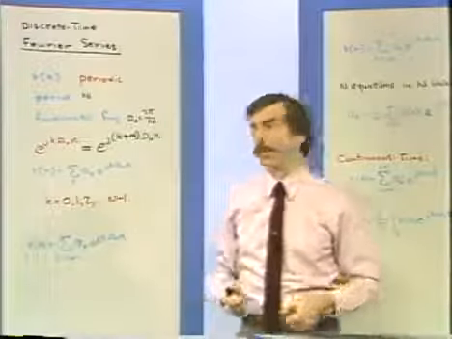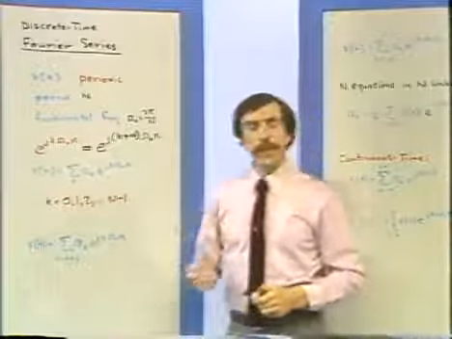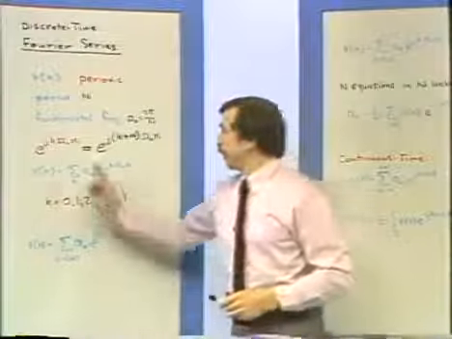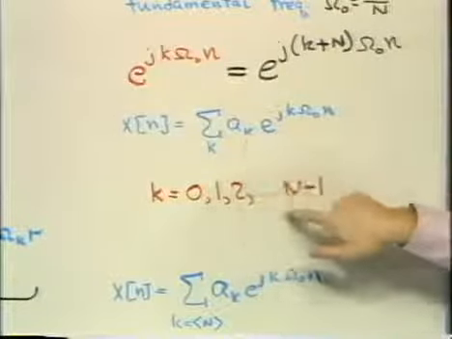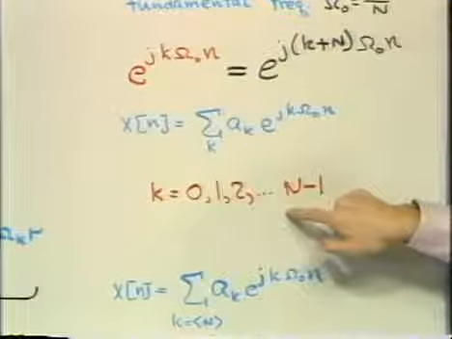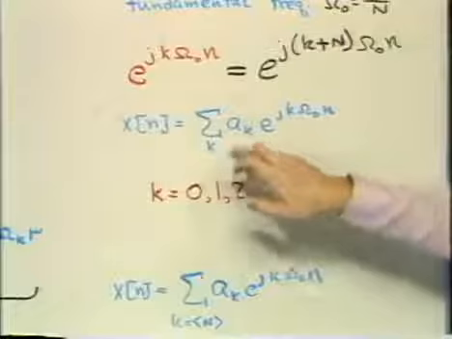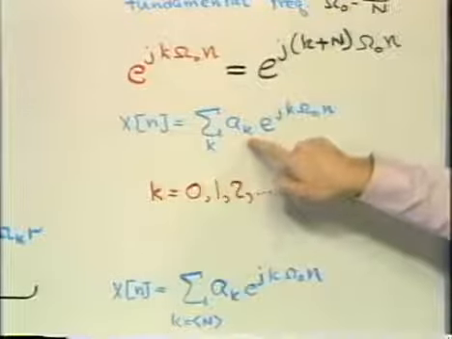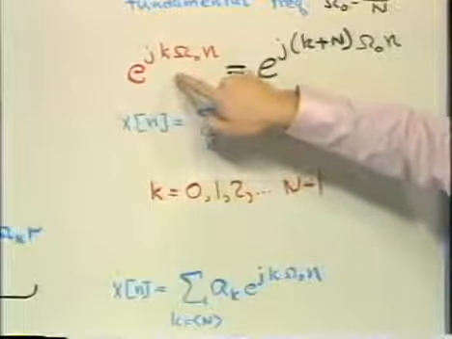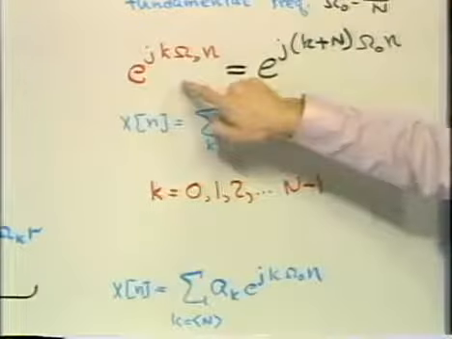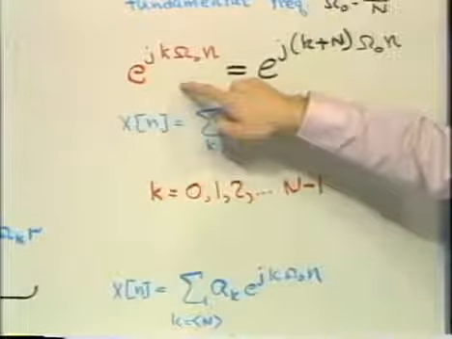Said another way, in this representation, I could alternatively choose k outside this range, thinking of these coefficients simply as periodically repeating in k, because these complex exponentials periodically repeat in k.